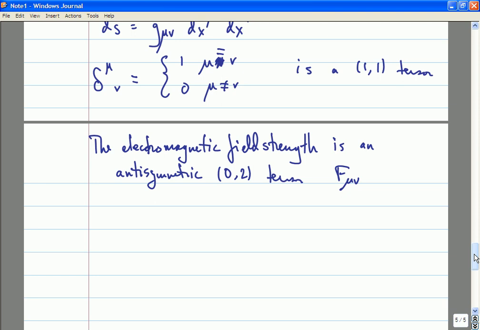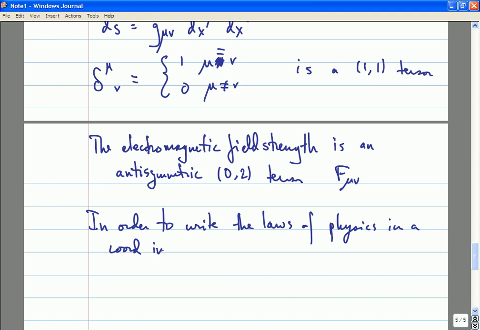Well, the important point is that in order to write the laws of physics in a coordinate invariant way, which is to say, in a way such that the physics does not depend on the coordinate system one uses to write those equations, we must write them as tensor equations.